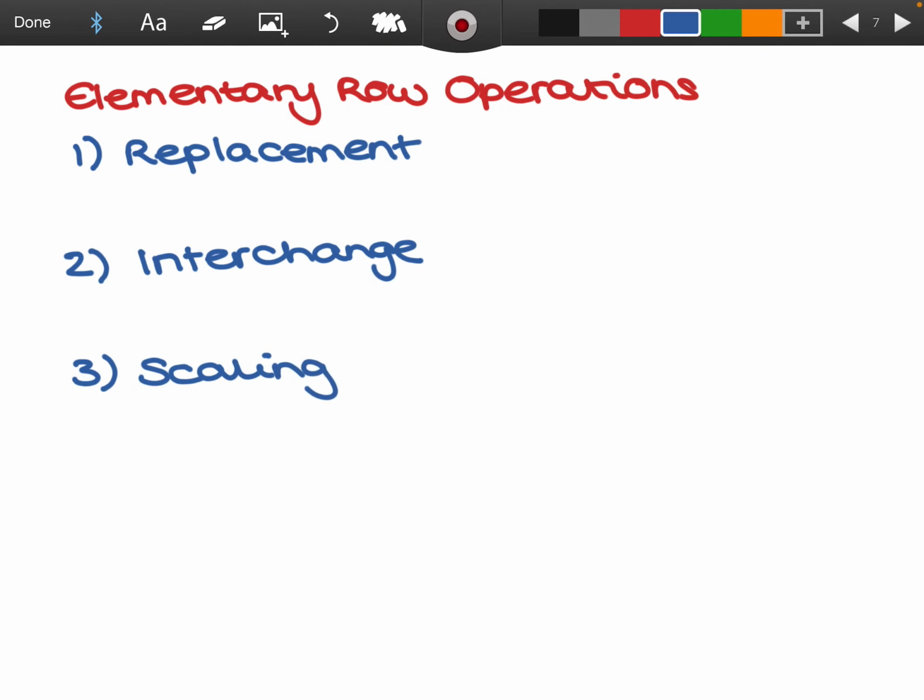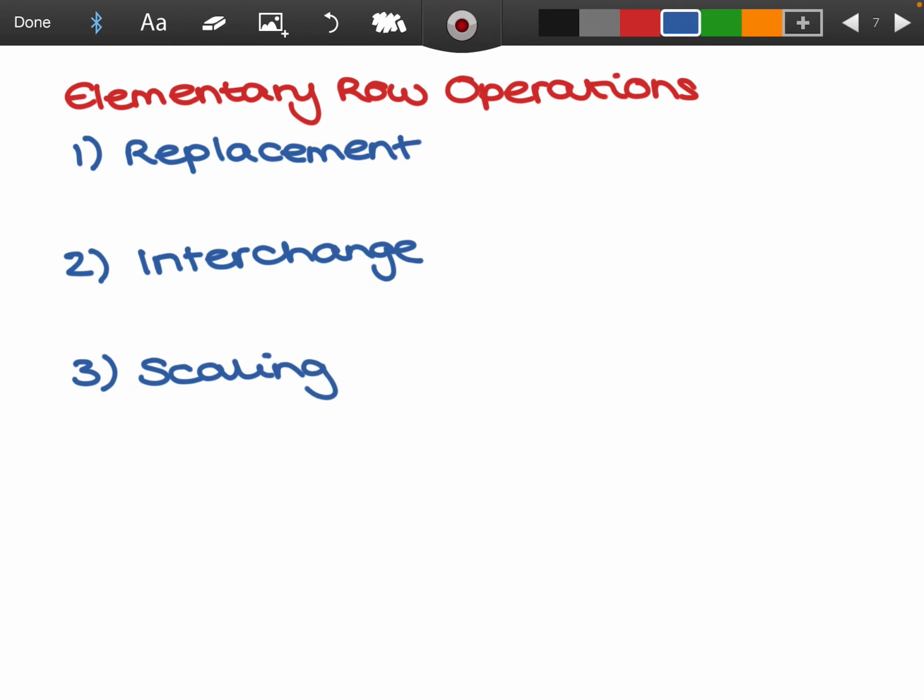Okay. Replacement, interchange, and scaling. Okay. These are the 3 things that you can do to these equations that are not going to affect its solution, but will help you solve them.